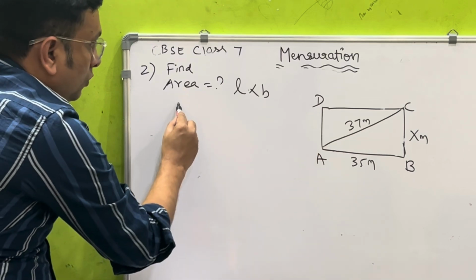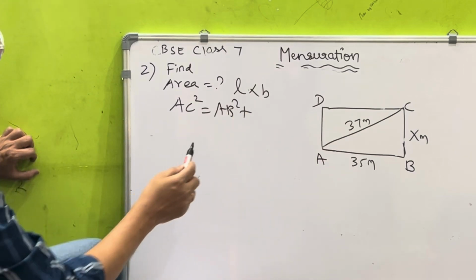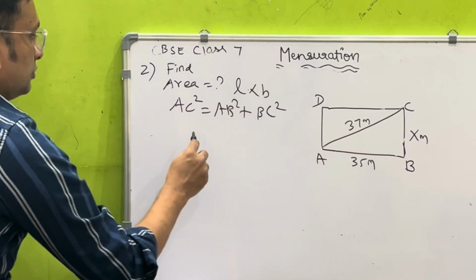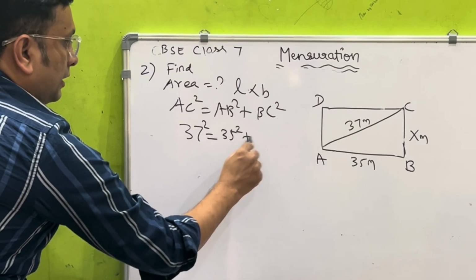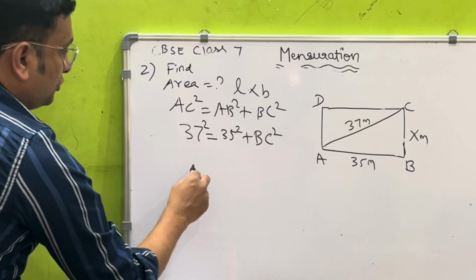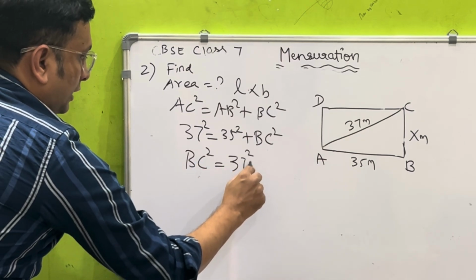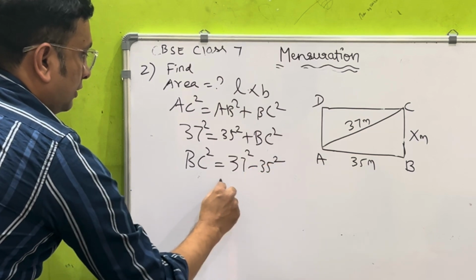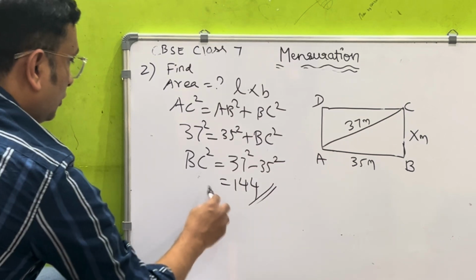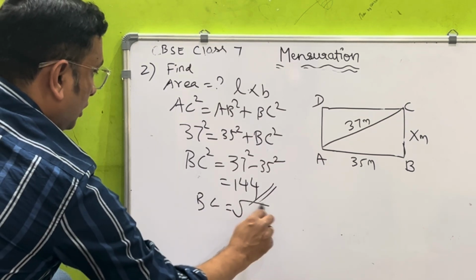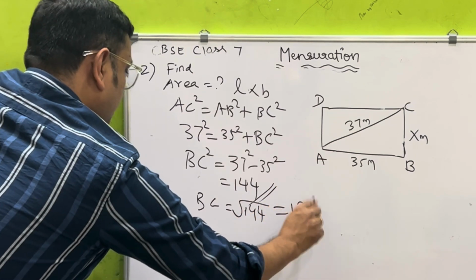So we have AC square equal to AB square plus BC square. That means 37 square equals 35 square plus BC square. If you interchange, BC square equals 37 square minus 35 square, that comes to 144. So BC equals root of 144, and we get the answer as 12.